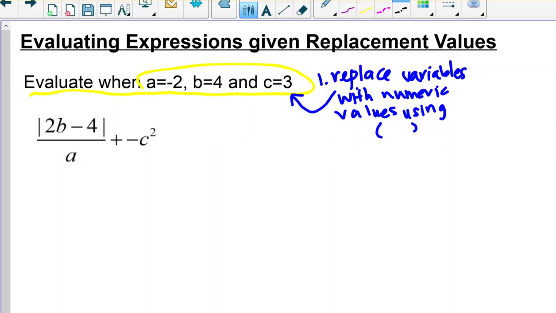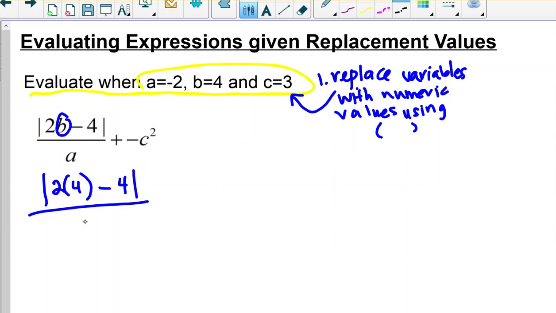So I have the absolute value of 2b, so there's 2, and I know that b in this expression should be equal to 4. So I'm going to replace the b with a 4. Okay, now it's -4, and this is all over our value of a.